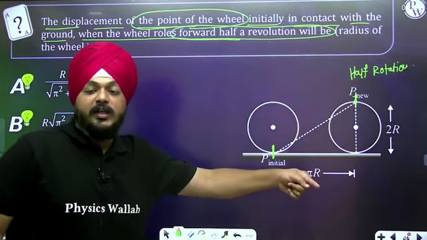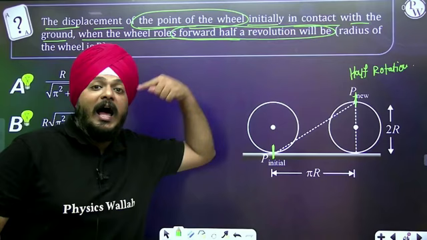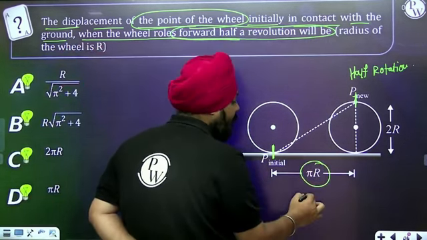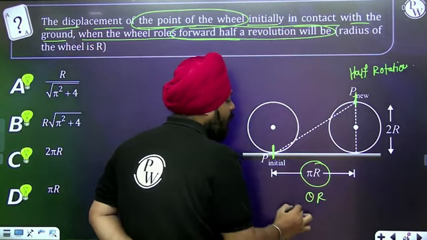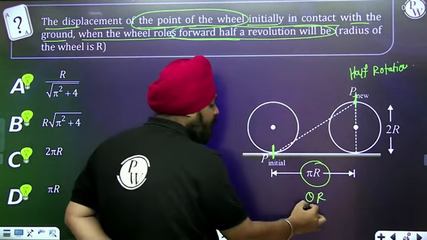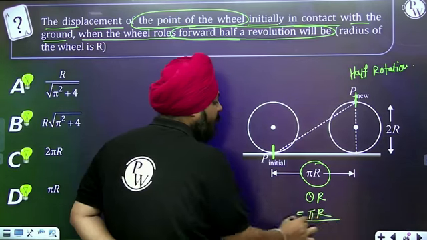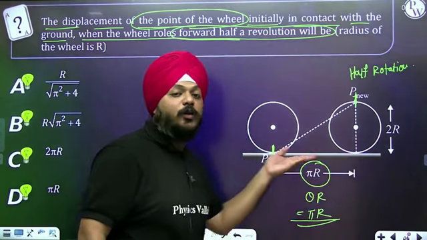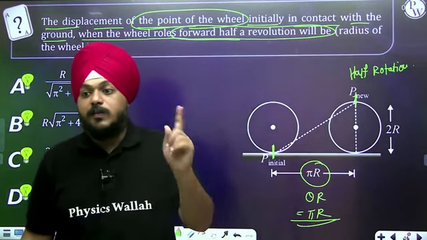For half of the rotation, the arc length covered, the total distance covered, is pi r. Why? It is theta into r. For half of the rotation, theta will be considered as pi. So that's why this linear distance covered between the 2 points is into the half. I'm talking about the distance, not path length.